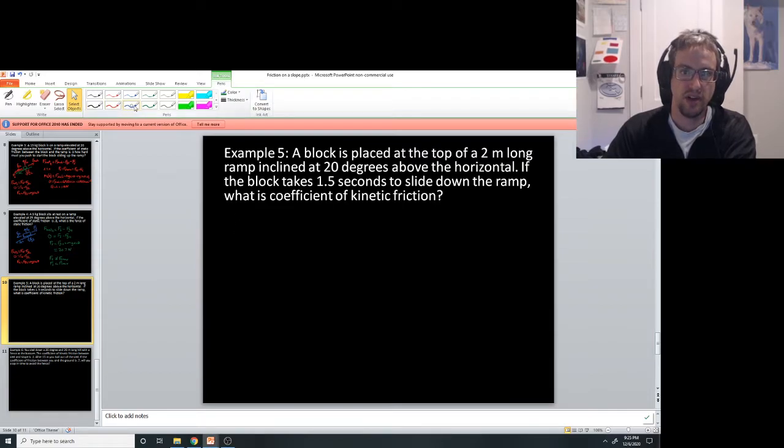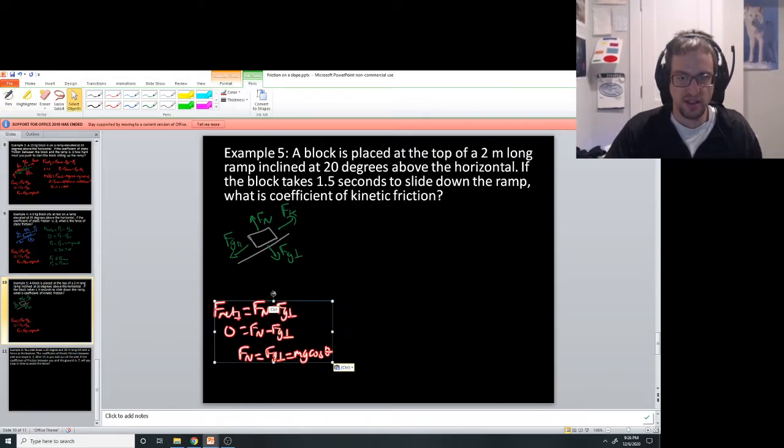So again, we got a ramp. Block. FG perpendicular. Fn. FG parallel, and it's sliding down the ramp. So kinetic friction is that way.